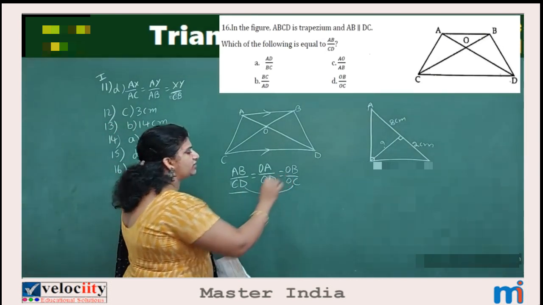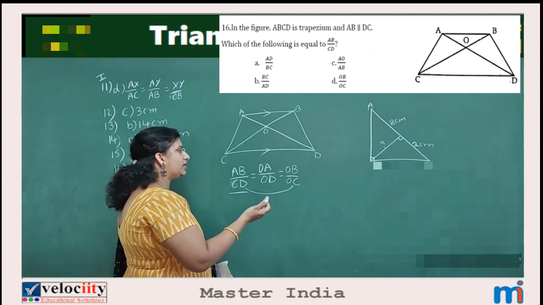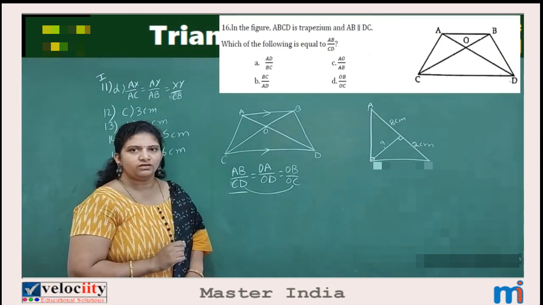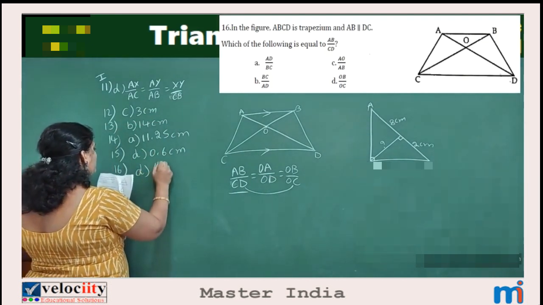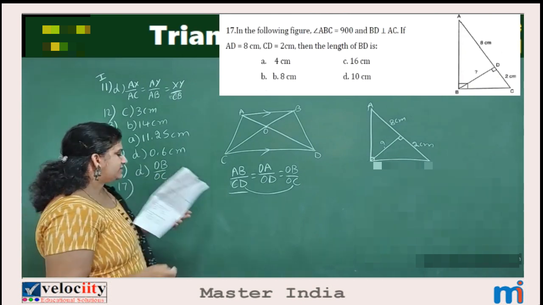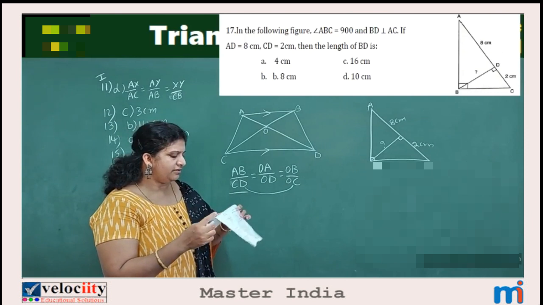Yes, this is equal to this option that is there in your question. Suppose in your question if you have OA by OD, you go with that option. Right? So your option is option D, OB by OC.